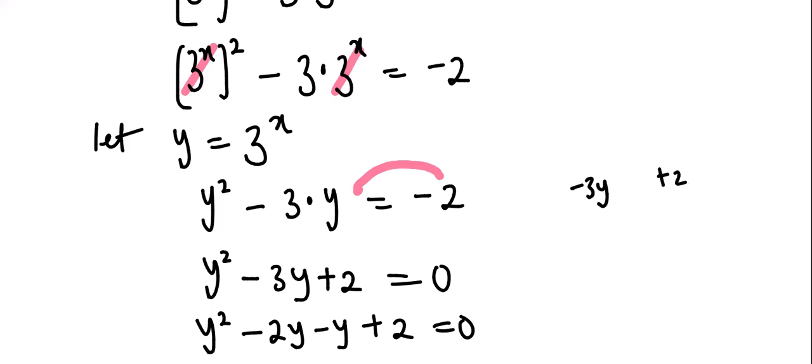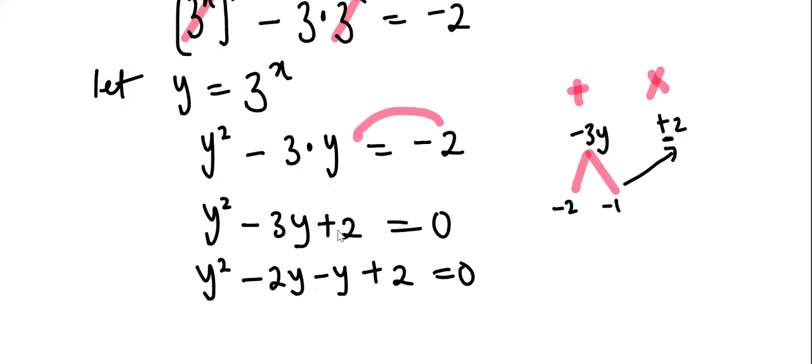You look for two numbers that add together to give this and whose product gives this. So 3 can be split as 2 and 1. To get positive 2 as the product, you either multiply positive 2 and positive 1, but adding positive values cannot give you negative 3. So negative 2 and negative 1 give you negative 3, and the product is positive 2. So this is why I'm using this.